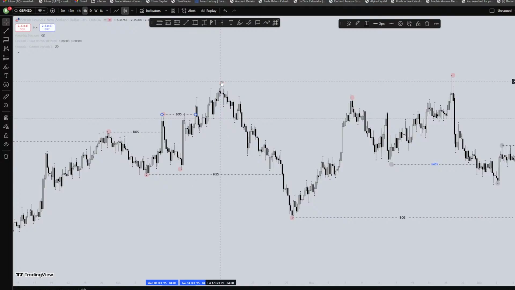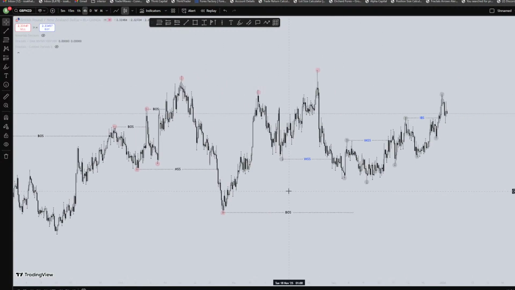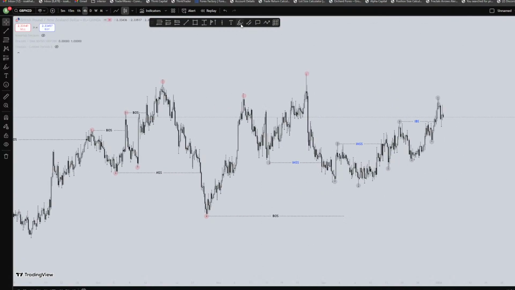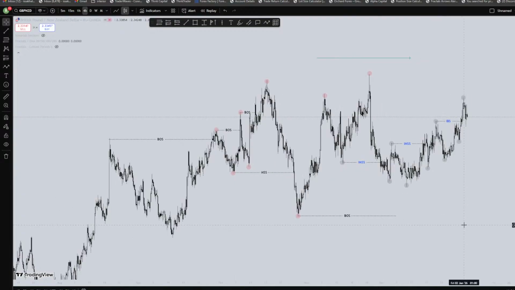There's no base, it just went. So this is why even this becomes an MSS as well. This is just the most external MSS. Then broke, but it never confirmed, so we are waiting for price to come and confirm. That means that price is currently ranging.